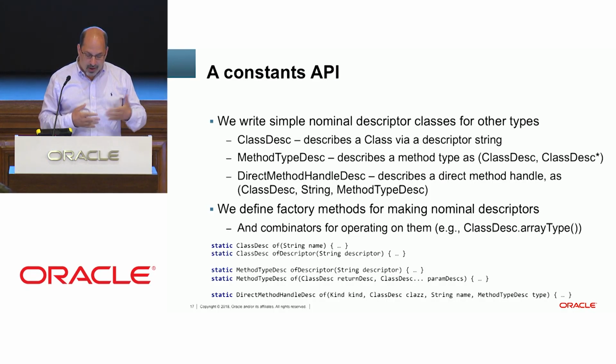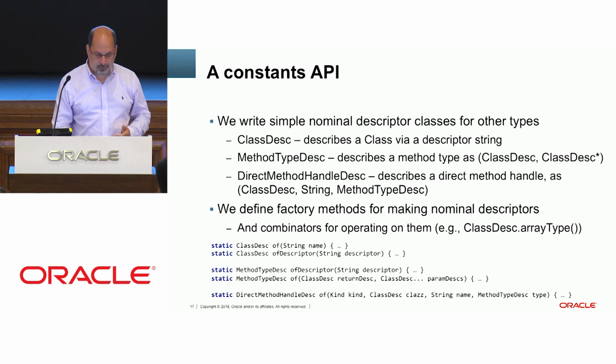And so you see how the higher level abstractions build on the lower level ones. If you look at the factory for a MethodHandleDesc, it takes a ClassDesc to describe the owner and a MethodTypeDesc to describe the signature. But it's all fairly straightforward.